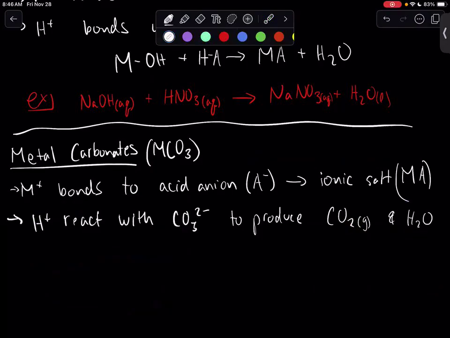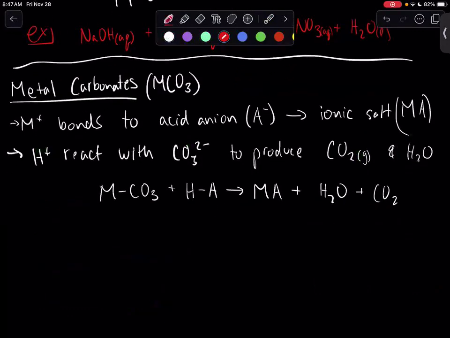We can see an example, the general MCO3 as our metal carbonate, plus our HA, and we'll get MA plus H2O plus CO2. A real life example of this might be magnesium carbonate.